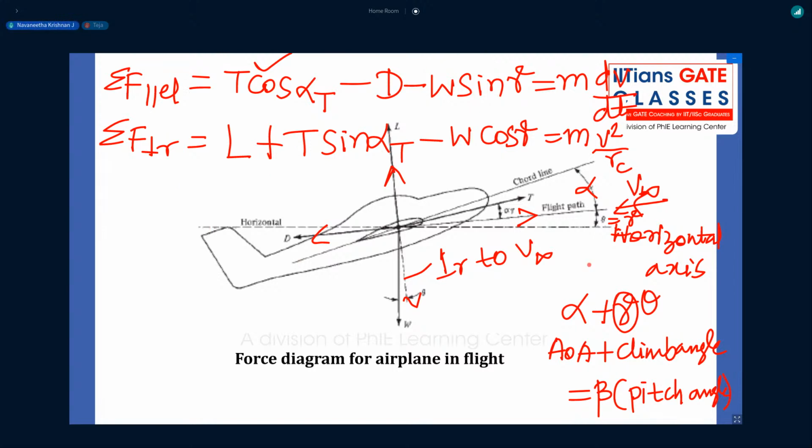I am taking these two equations as my reference to resolve to get the climb performance equation. First, since we are studying unaccelerated flight, and climb performance is an unaccelerated flight performance, both accelerations will become zero.